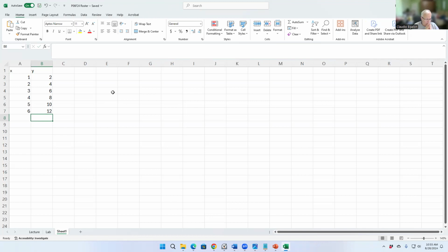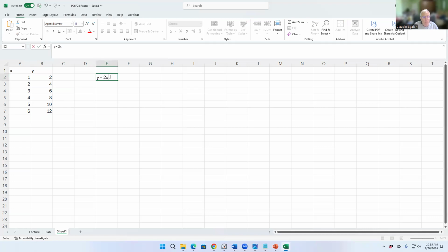If you look at those numbers, you can see that there is a linear relationship between X and Y, right? If X is equal to 1, Y is 2. X is equal to 2, Y is 4. Y is twice X. Right from the bat, you already know there is a linear relationship between those two variables.